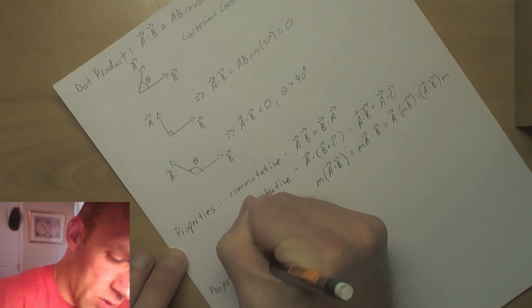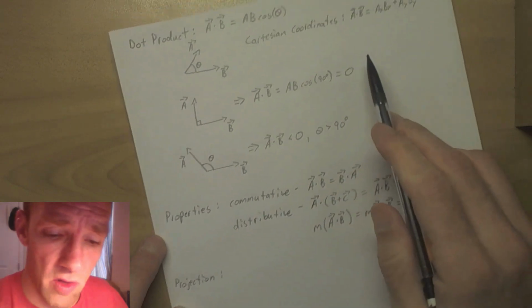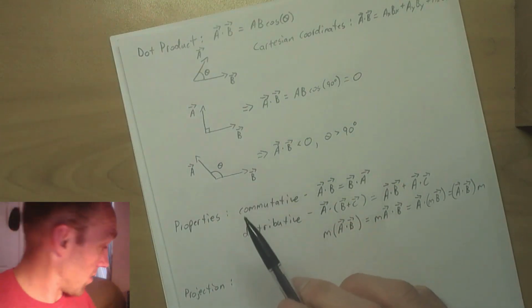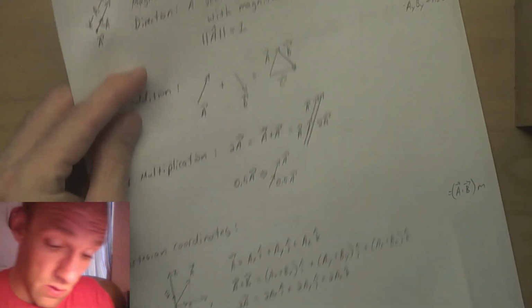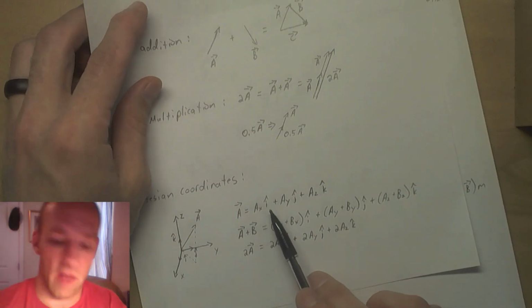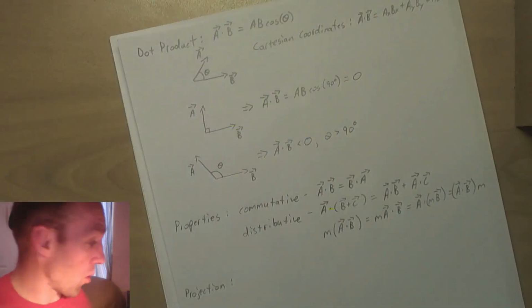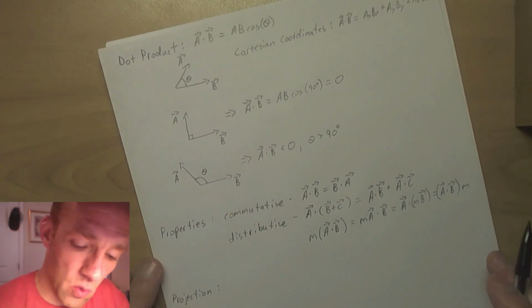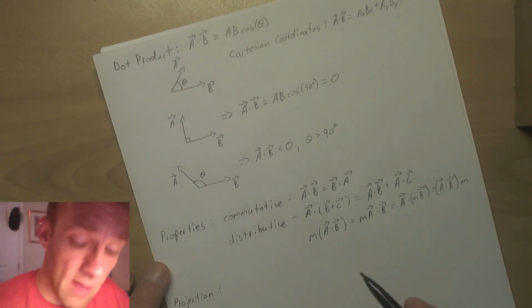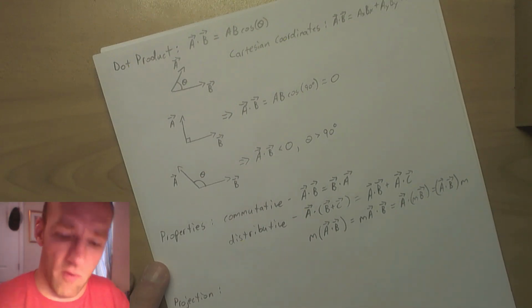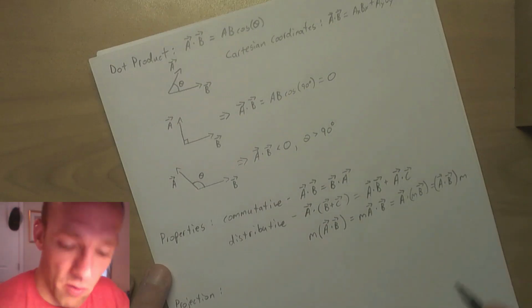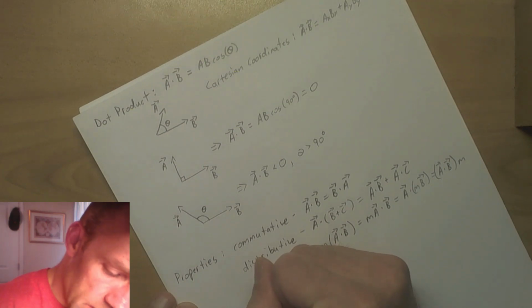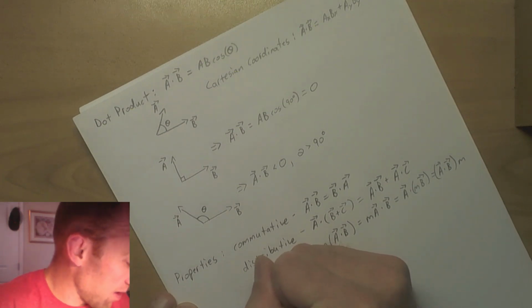So sometimes it's useful, rather than composing A in terms of the Cartesian coordinates, the standard basis vectors I, J, and K, maybe I want to know how much of A is in the direction of B. This is going to be useful to define a vector in terms of other vectors. So if I have two vectors, we'll just stick with A and B, I guess.